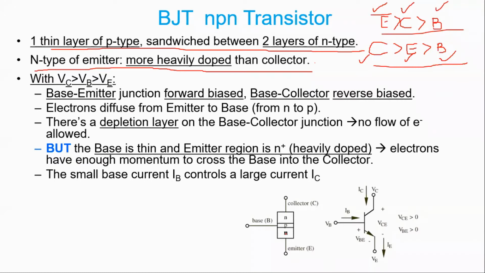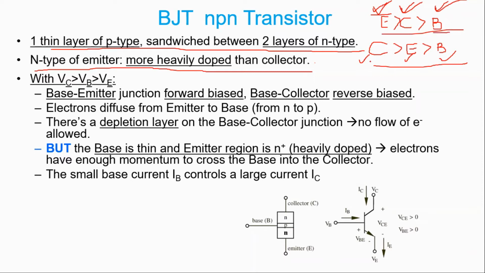We want more particles from the emitter, so it is heavily doped, collector is lightly doped, and base is even less doped. So the most doping we do is of the emitter, then intermediately the collector. The base is the most lightly doped, because if you dope the base more, all the things will combine at the emitter and nothing will be collected by the collector. So we want very few recombinations at the base. That's why the base is lightly doped.